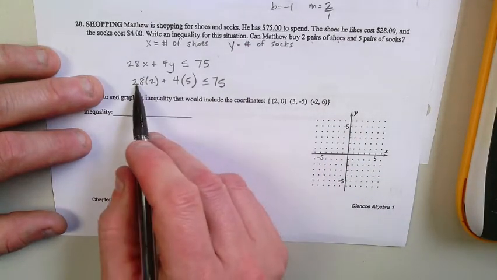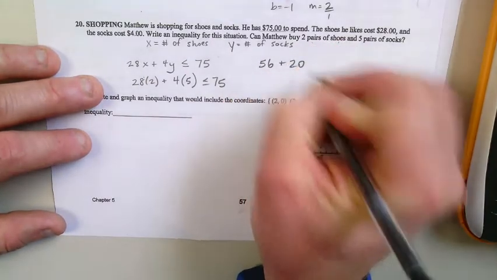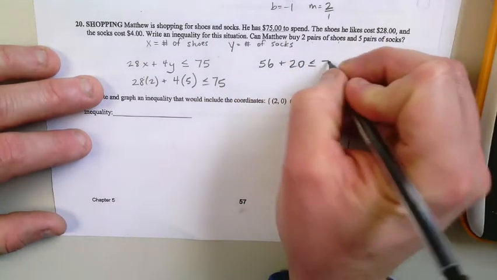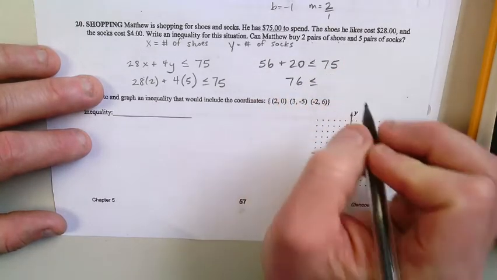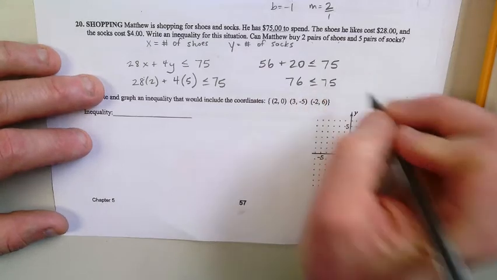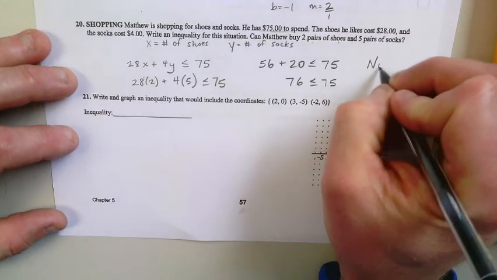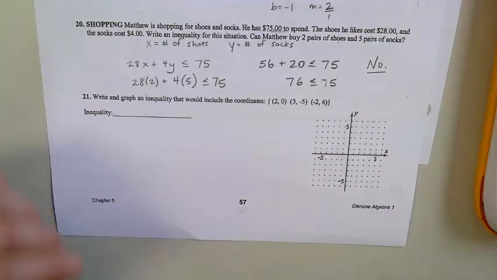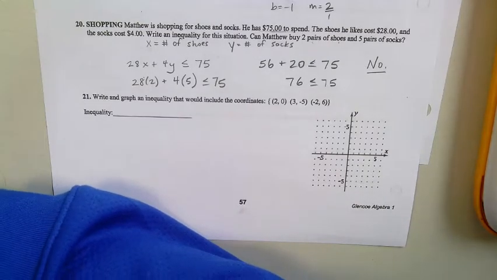So this is 56 plus 20, 4 times 5. Well, that ends up being 76. I'm sorry, Matthew, you cannot buy 2 pairs of shoes and 5 pairs of socks. Not possible.